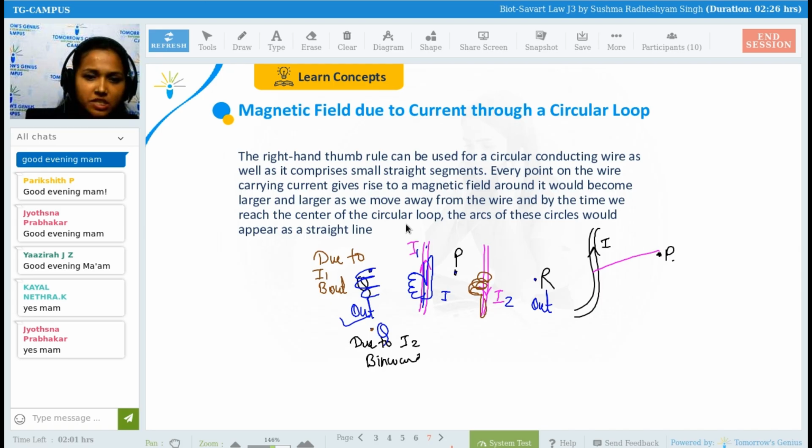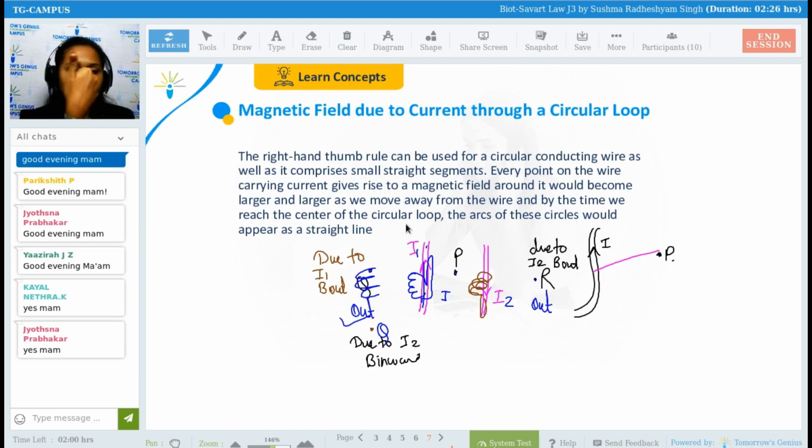Clear? Okay. Now in a similar manner we consider R. If I consider R, it seems R is outward. So due to your I2, the magnetic field is outward. Now consider I1. If I consider I1, this is your point, this is your magnetic field.